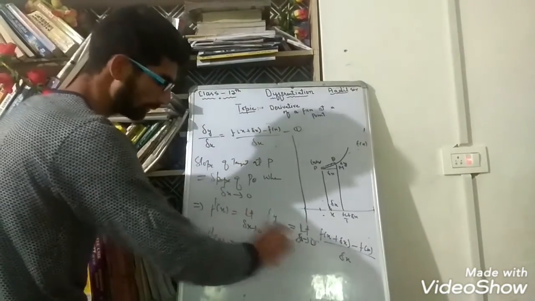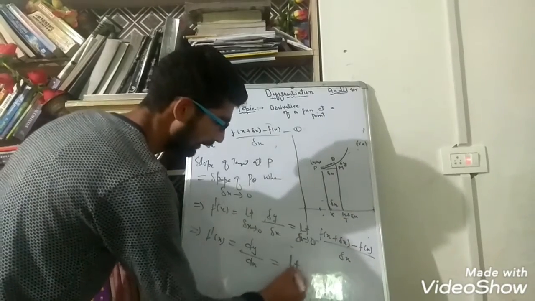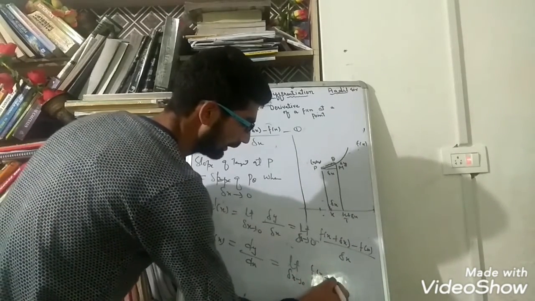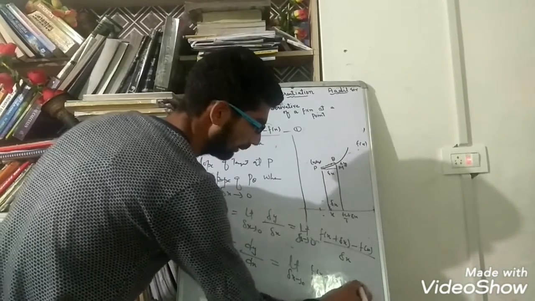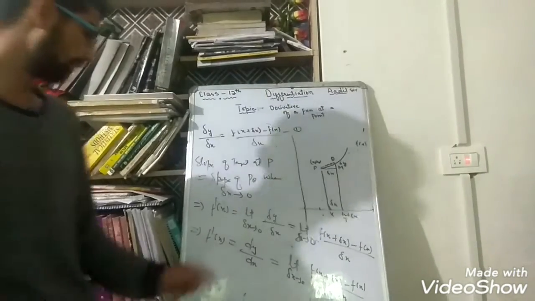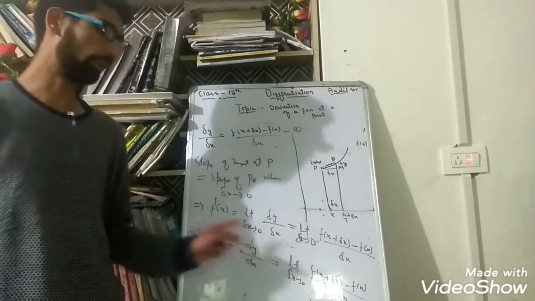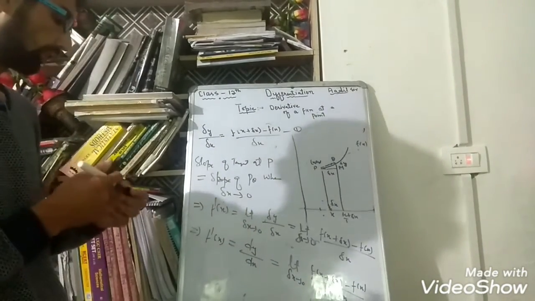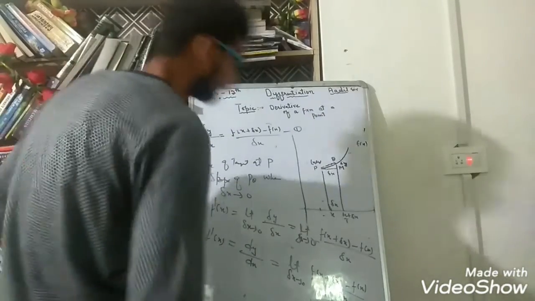It is the limit del x tends to 0, f of x plus del x minus f of x divided by del x. So this is called the derivative of a function at point x, or this is the general definition for the derivative of a function. So you write down this like here.